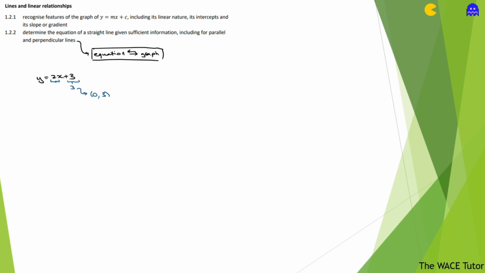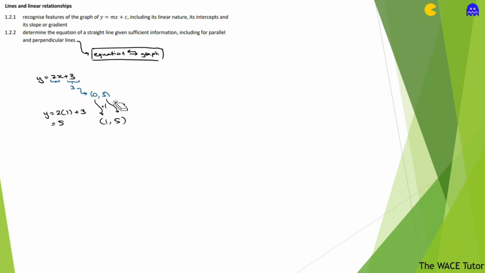If we want to figure out another point on the line y equals 2x plus 3, we can just substitute any value for x into this equation here. So we could sub in x equals 1, in which case we would get y equals 2 times 1 plus 3, or 5. So we pass through the points 0, 3 and 1, 5. And we'll notice here, as we increase by an x unit of 1, we increase by a y unit of 2.